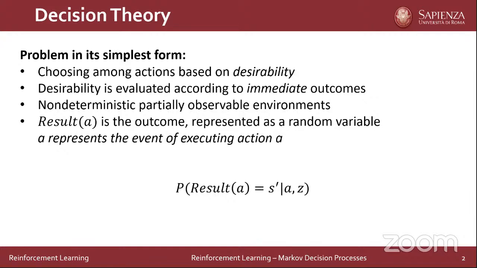So what we are doing here is adding something to our probabilistic temporal model, where, let's say, S prime. This is how we are transitioning between states, right? So this is the transition function.